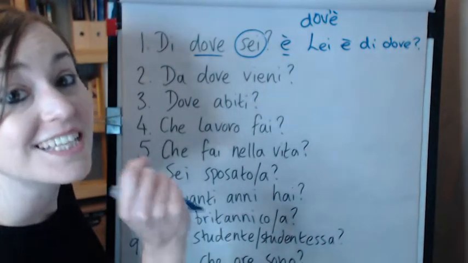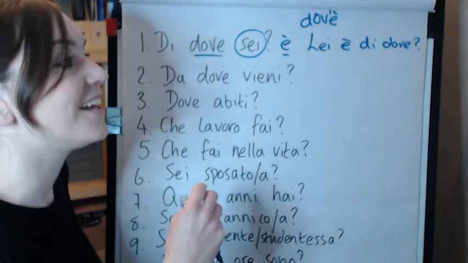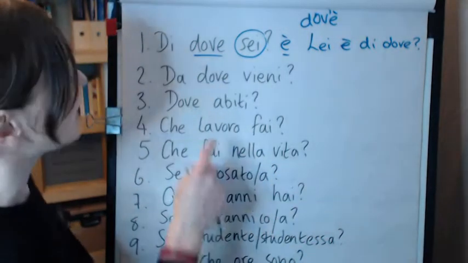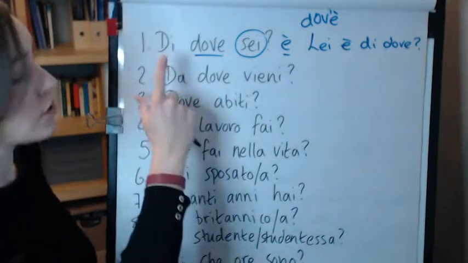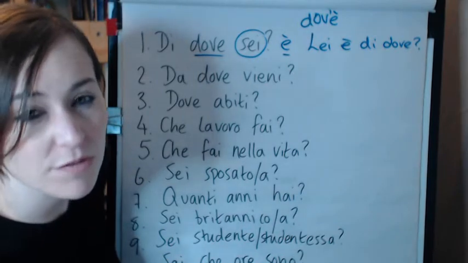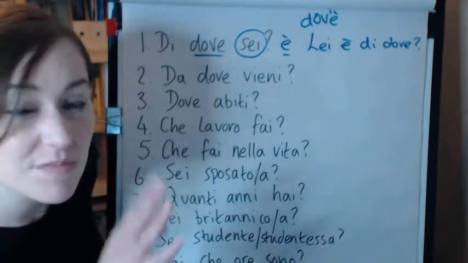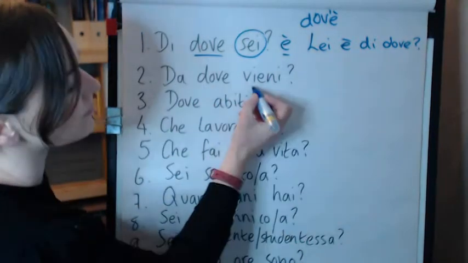Tu vieni da Italia, Francia, and so on. So we've got a slightly different preposition, from, as opposed to of. But in English we would just say from. Where are you from? Where do you come from? Slightly different in Italian. Da dove vieni?